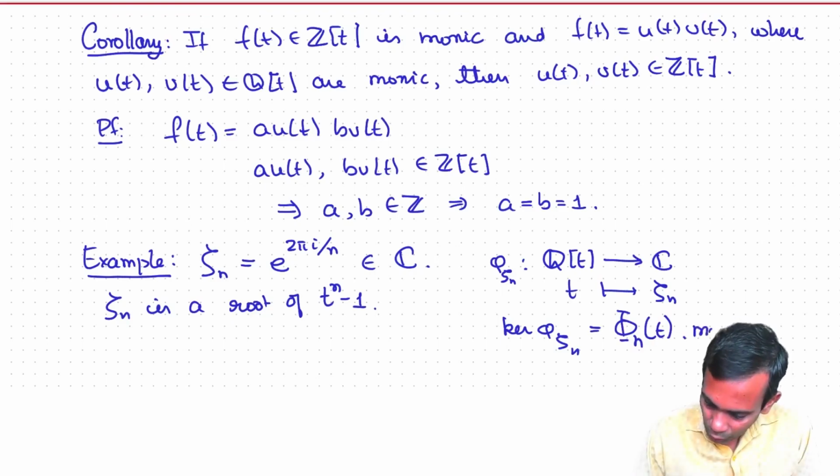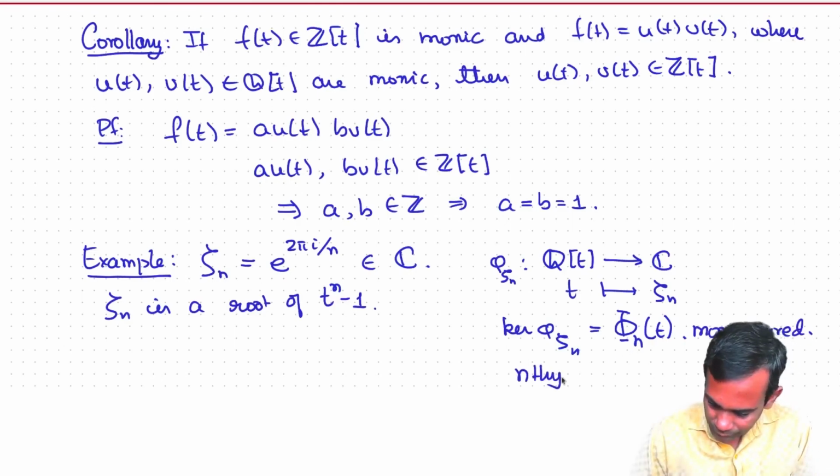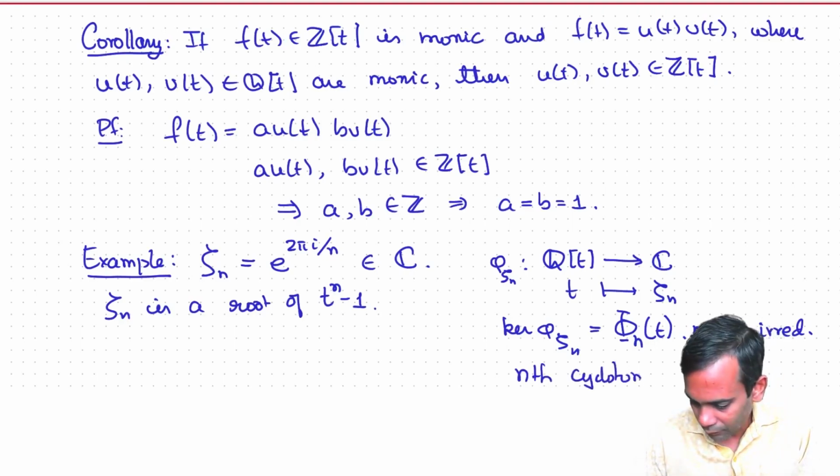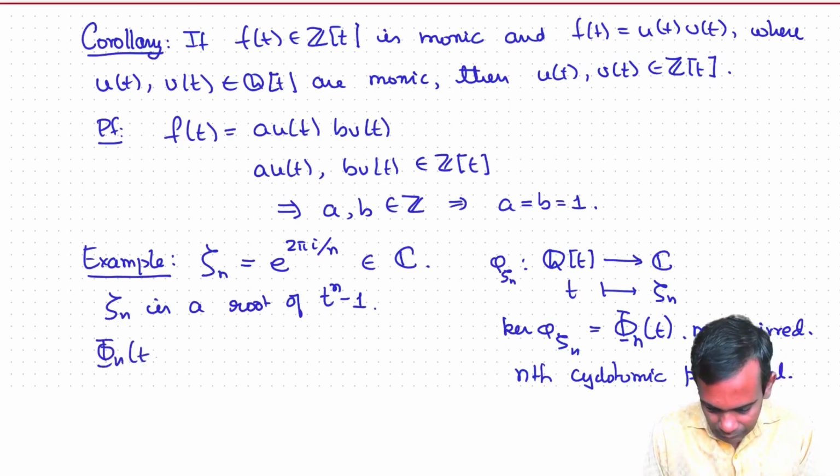So let's say this is monic and it is irreducible. This is called the nth cyclotomic polynomial. So now Phi_n is a factor of t^n - 1. t^n - 1 is a primitive monic polynomial, and so what we have is Phi_n(t) is a polynomial with integer coefficients.